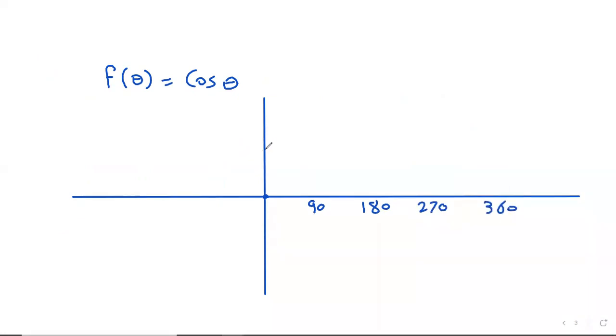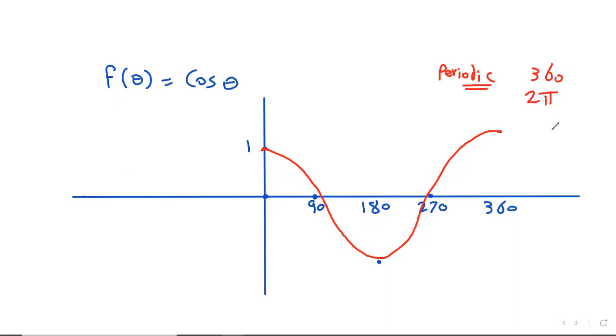So cosine 0 is 1, cosine 90 is 0, cosine 180 is negative 1, cosine 270 is 0, and cosine 360 is 1. As you see here, this is the behavior of the function, this curve here. So this function is a periodic function, and its period is 360, or 2 pi, okay?